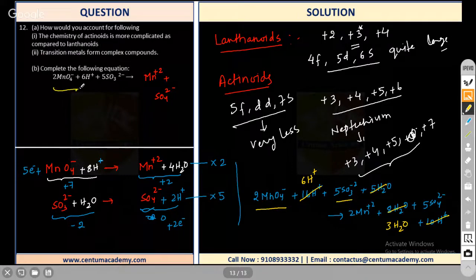This gives 2Mn plus 2, 5SO4 2 minus, plus we'll get 3H2O. This is the reaction. Is it clear? It is just the balancing of redox reaction. Did you understand this?